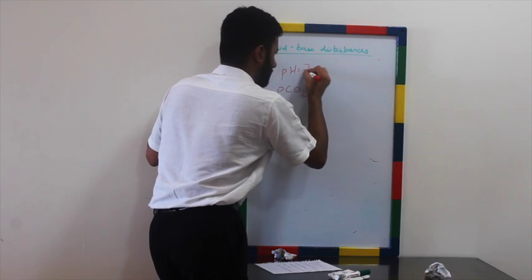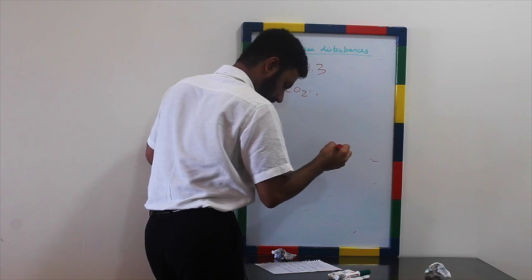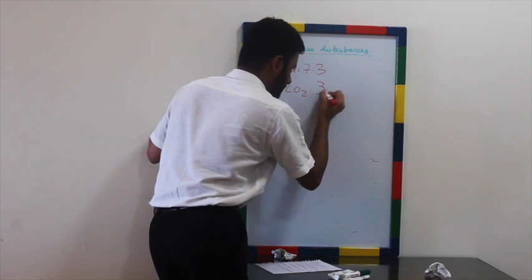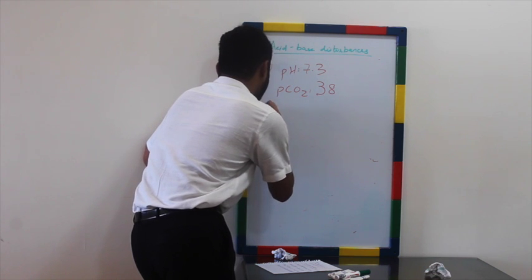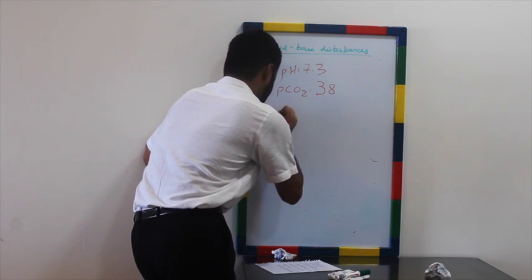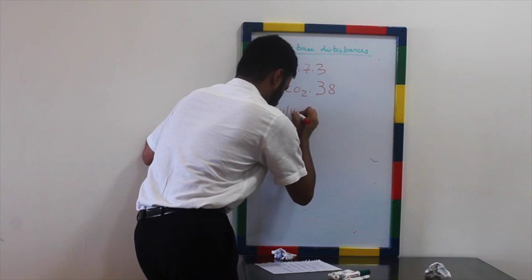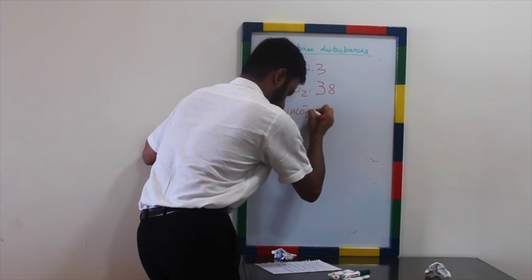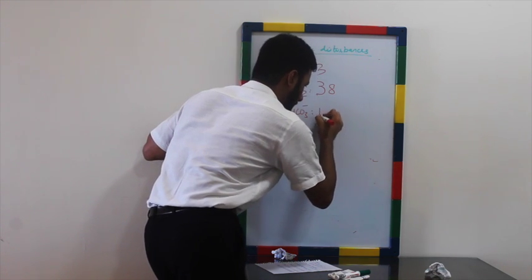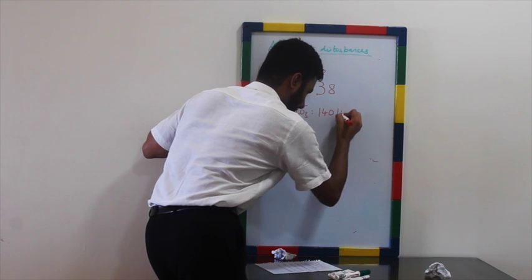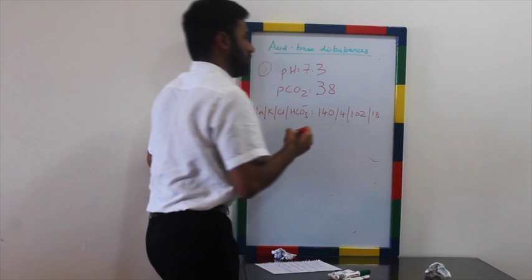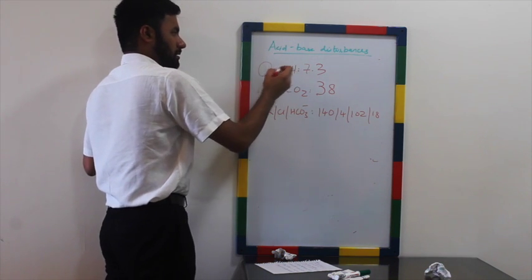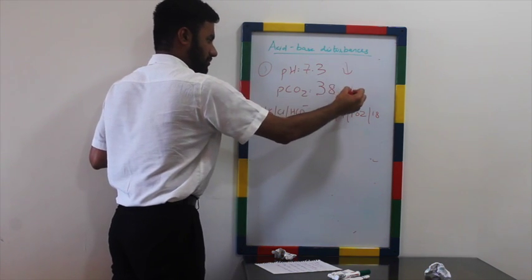Now here again, pH is 7.3, PCO2 is 38. pH is decreased, PCO2 is normal.